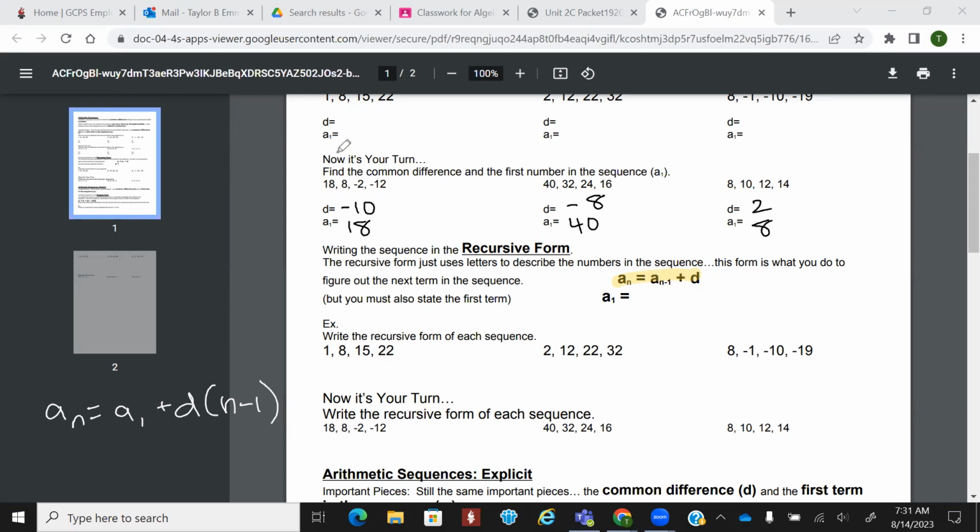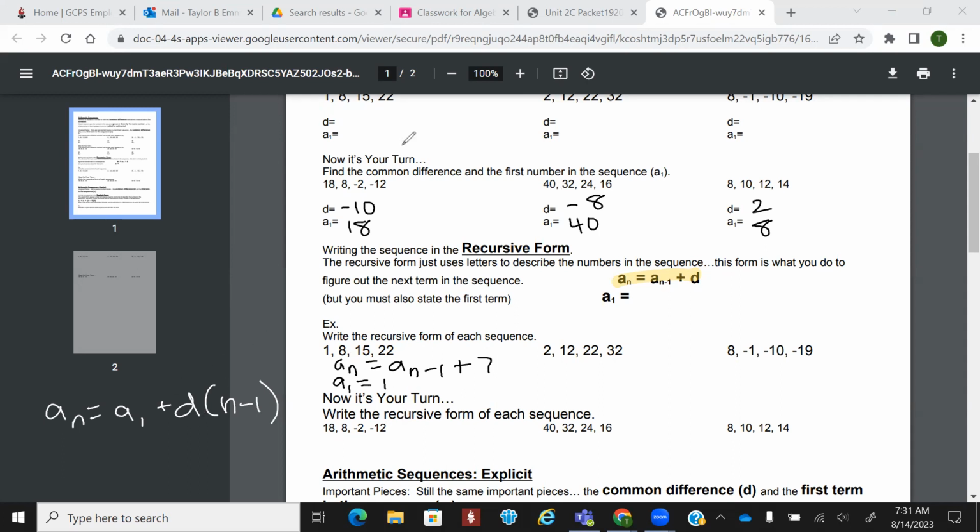Okay. So for instance, on this one, it says write the recursive form for each sequence. So in the recursive formula, you're going to say a sub n equals a sub n minus 1. And then you're going to find the difference. What's the difference between 1 to 8? Okay, so we're going to plug 7 in there. And then we have to establish that the first term is 1. And that's all we do for the recursive formula.